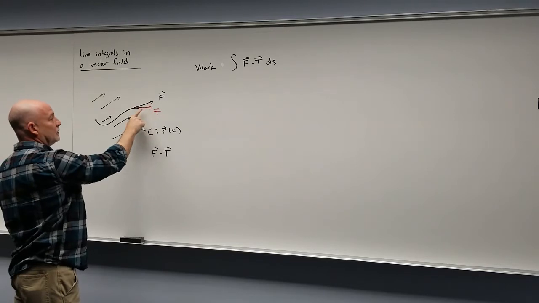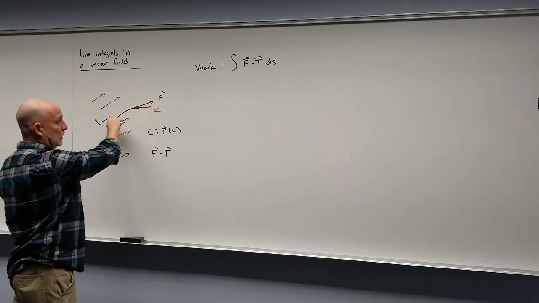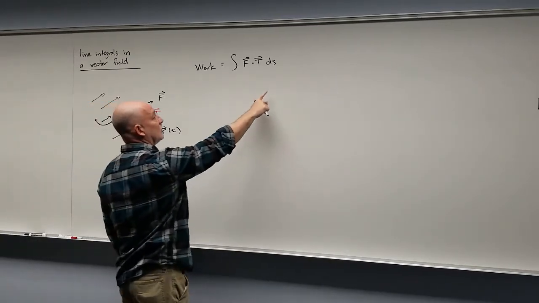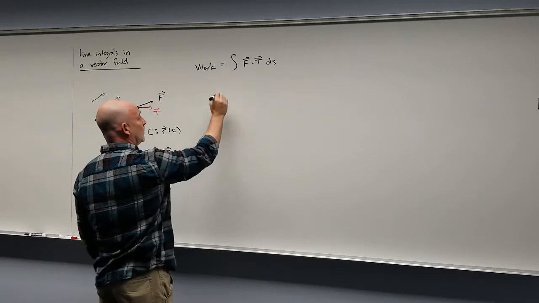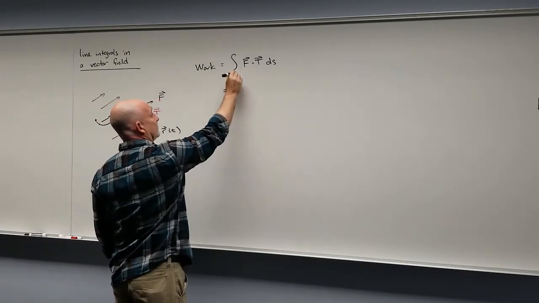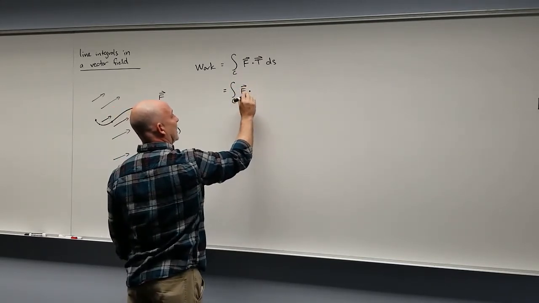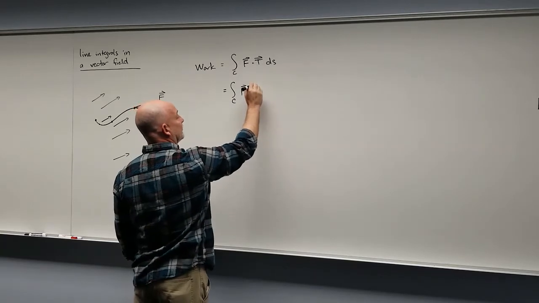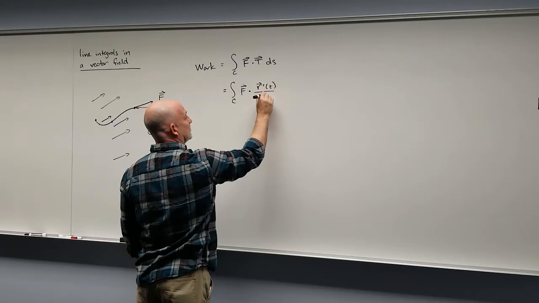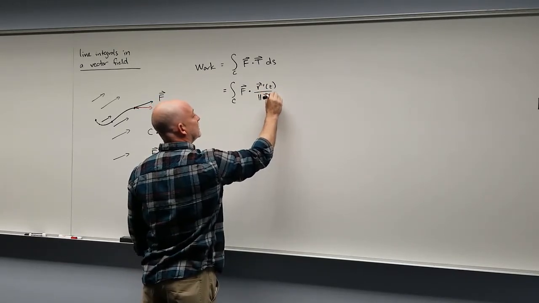So we're going to do the field dotted with the tangent vector, because that's how much the field's actually pushing it in that direction. And we're going to add up that value all the way along the length of the curve, and we get ds. Well, we can get this into a slightly more usable form. By the way, that's around C. So if we integrate around C of F dot, well, we know our tangent vector from before is r prime of t over the magnitude of r prime of t.